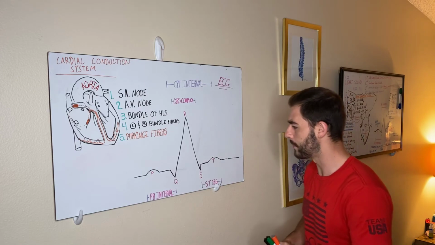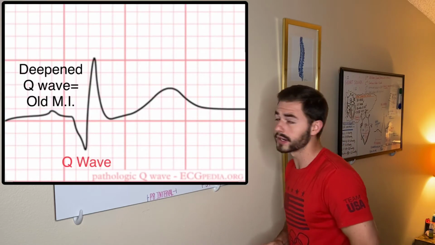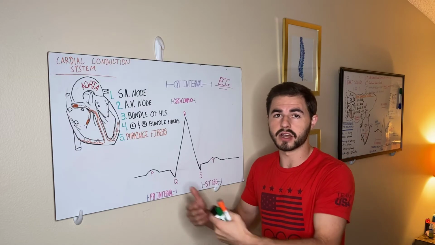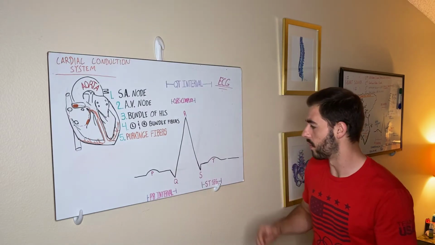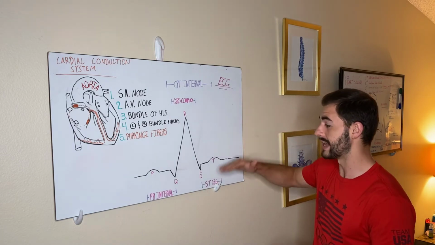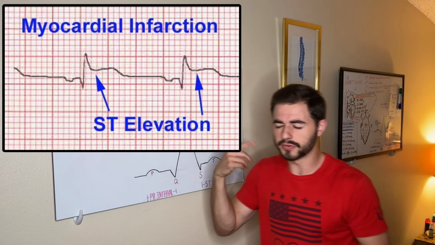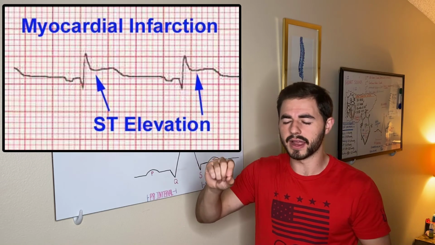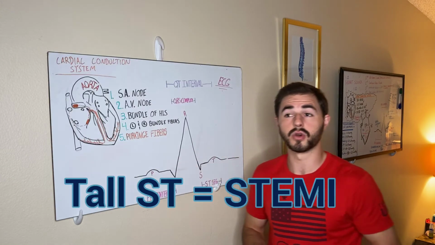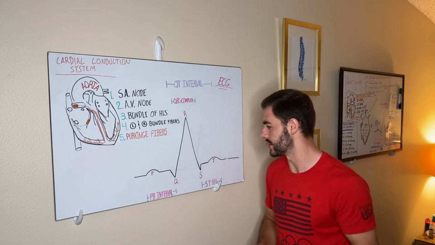So for example, if this Q wave was elongated, you might be able to tell, well, someone had an old MI based off of that elongation. Or for example, if the ST wave, which we haven't talked about yet, is elevated, most people think in their heads ST segment elevated or tall ST means STEMI, so an acute myocardial infarction.